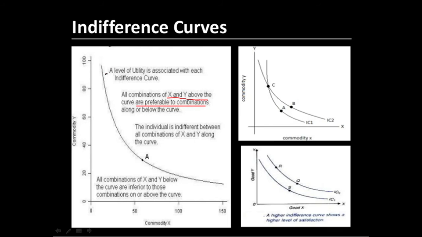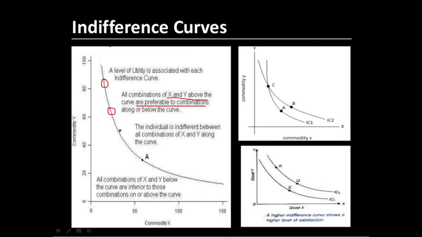Suppose this is A, this is B, this is C, and P, Q, R, S; any combination on the curve gives the consumer the same level of satisfaction.